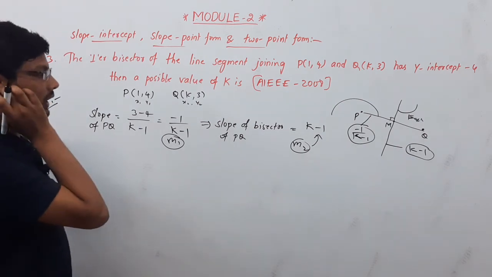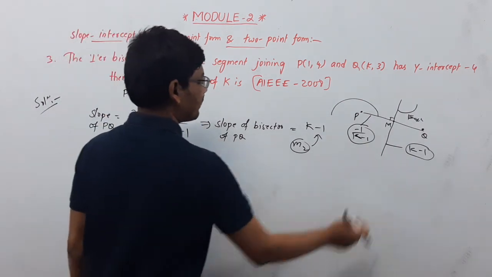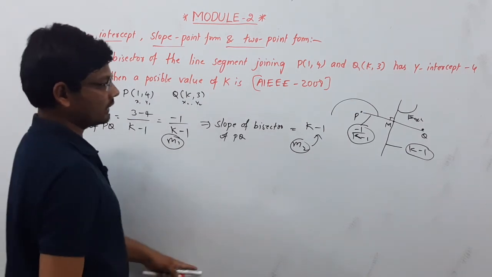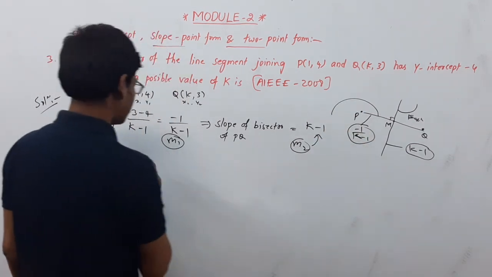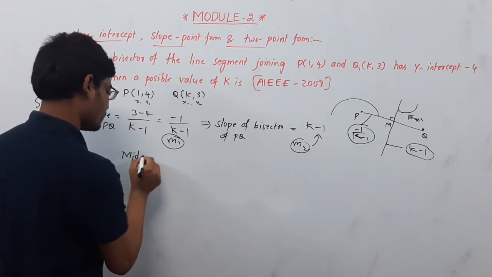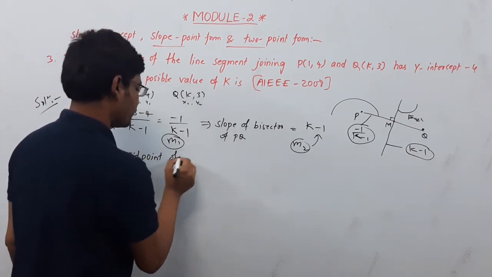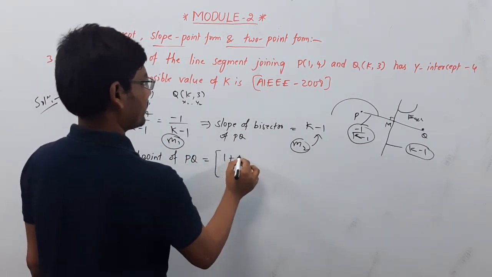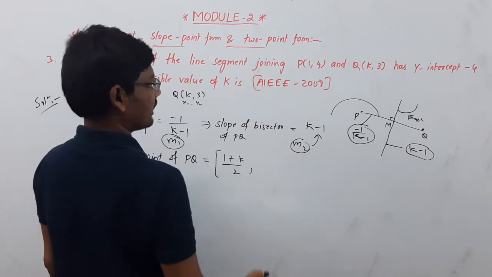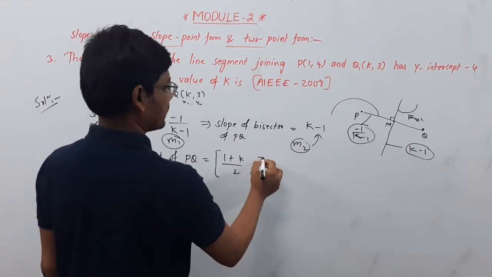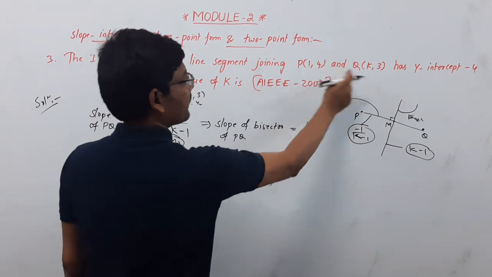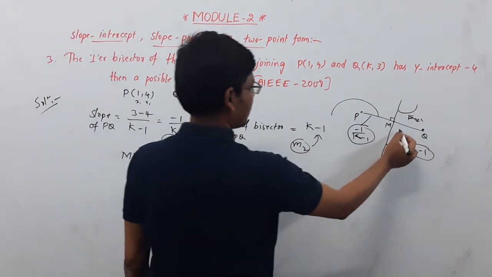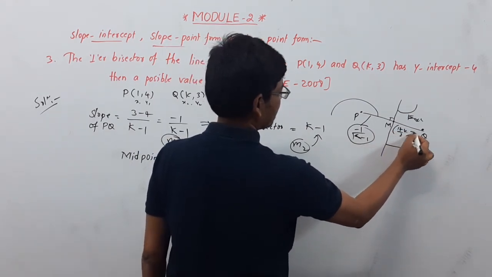So first we have to find the equation of this bisector. How can we find it? First we have to find the midpoint of PQ. The midpoint of PQ is nothing but (1 plus k) by 2 comma (4 plus 3) by 2, that is 7 by 2.